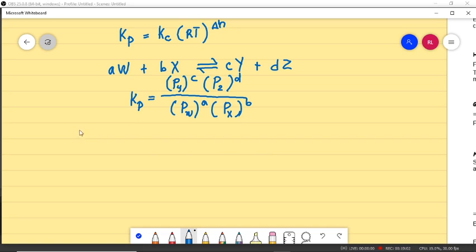Assume that each of the gases, I intentionally write this one for you to be able to remember, follow the ideal gas law.